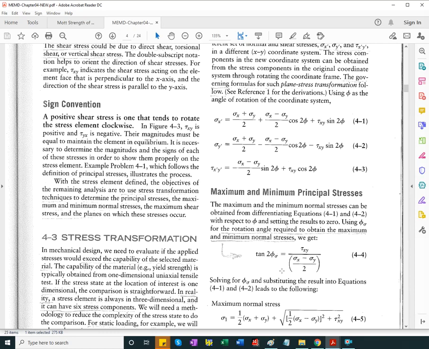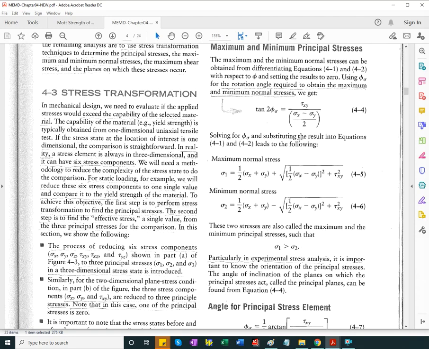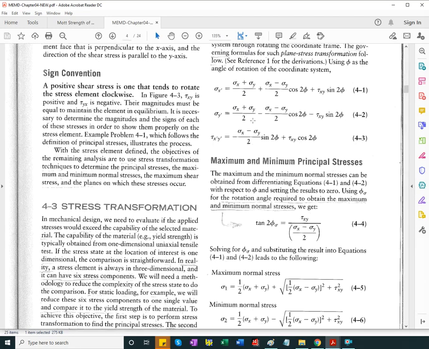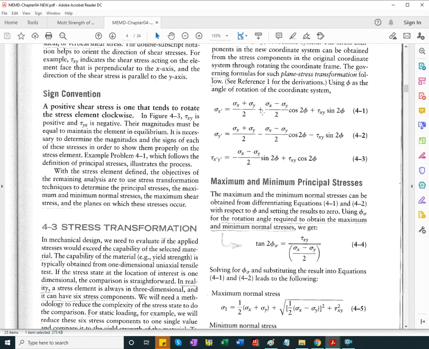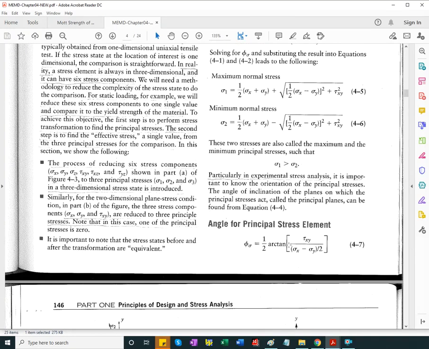What's the angle for the maximum if we take the derivative of either this or this one? And of course we take the derivative with respect to phi and find where the maximum or minimum of the shear stresses occur. Okay, so for the first two cases, when the normal stresses have minimum and maximum values, we find the corresponding phi, we substitute it in the original equations, and it gets us what are called principal stresses.